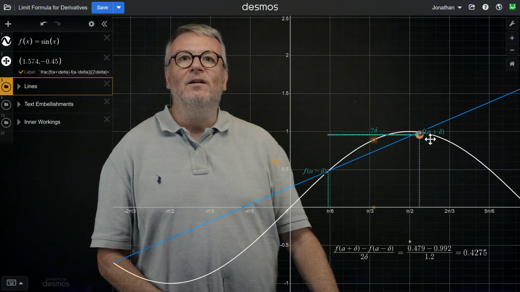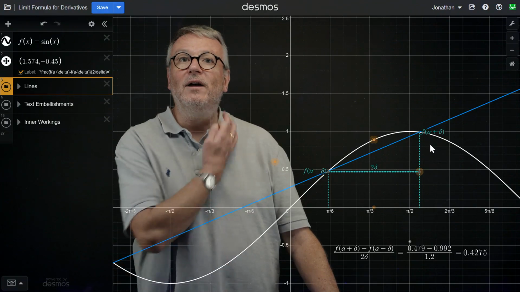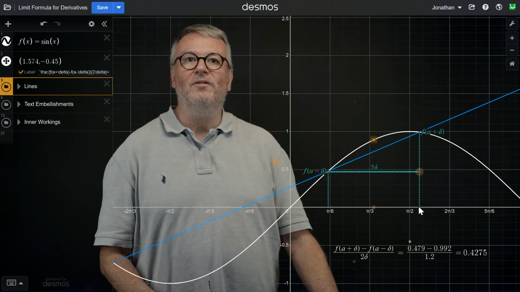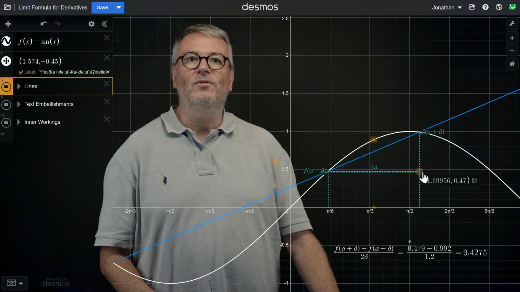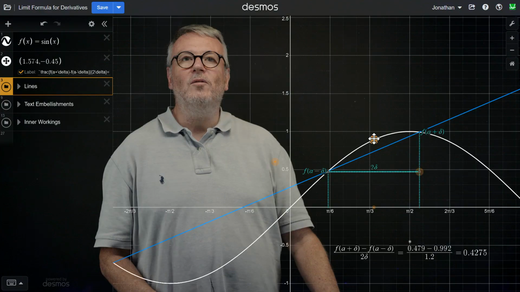I've got a rise, and it's the sine calculated at the point I'm interested in plus delta, minus the sine at the point I'm interested in minus delta. We can work out our rise. We know our run is 2D. But this is not actually the slope at this point.